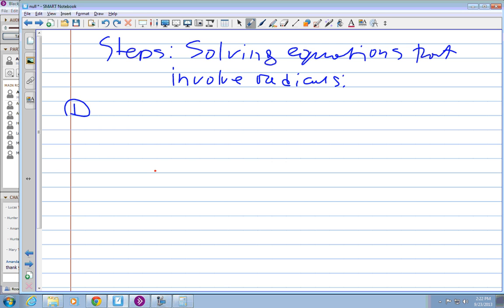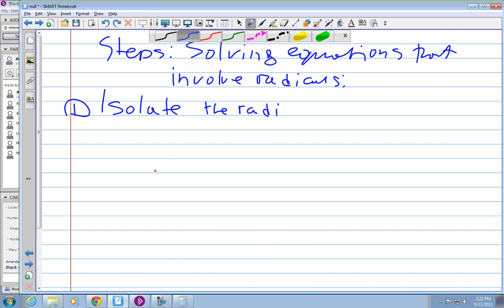So step 1 would be to isolate a radical. You want to get a square root or a cube root or whatever root you have separated on one side of the equation. So the first step is to isolate the radical, meaning get the radical by itself.